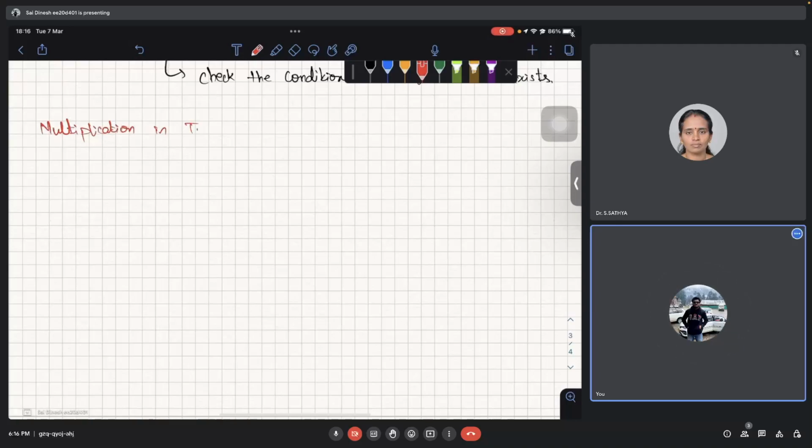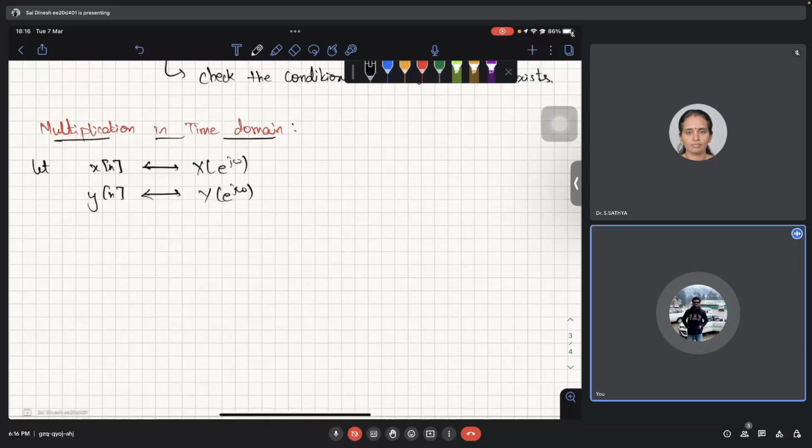Multiplication in time domain. Let x of n and x of e to the power j omega be a DTFT pair, and similarly y of n and y of e power j omega is a DTFT pair.